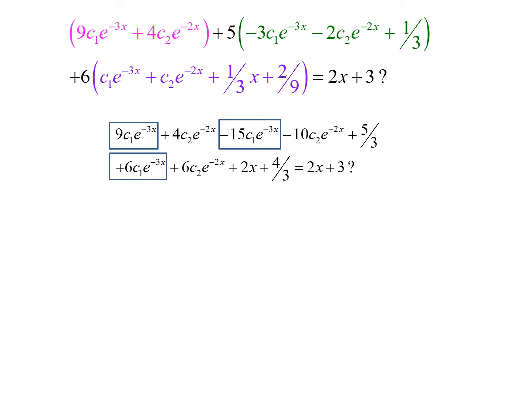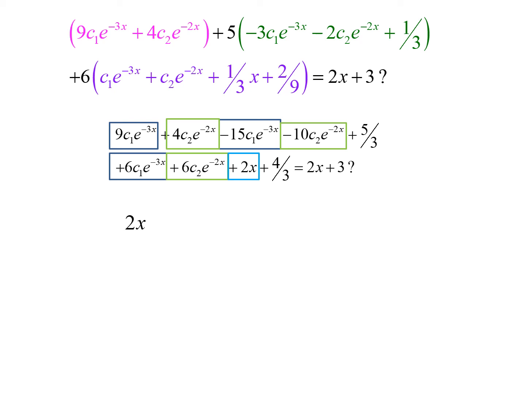So we look at our c1 e to the negative 3x terms. We have 9 minus 15 plus 6, so those will cancel out. We have c2 e to the negative 2x terms of positive 4, negative 10, and positive 6. So again, those will cancel out. For our x terms, we just have 2x.